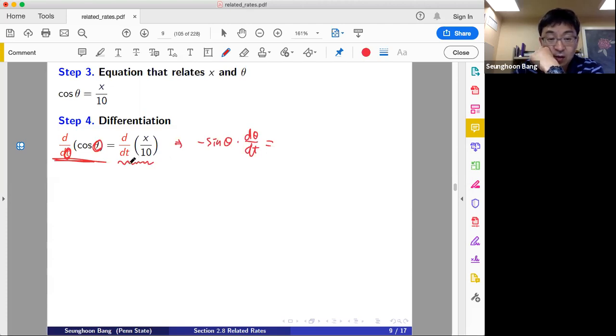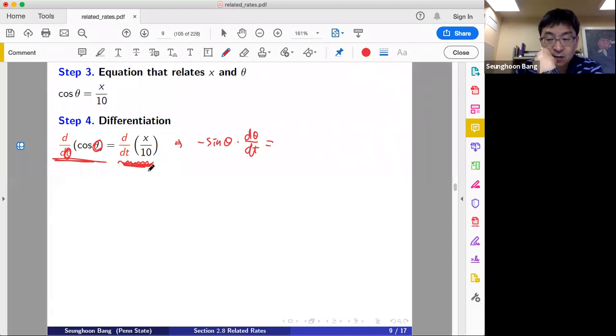What's the right-hand side? d over dt of x over 10. The 1 over 10 is right.